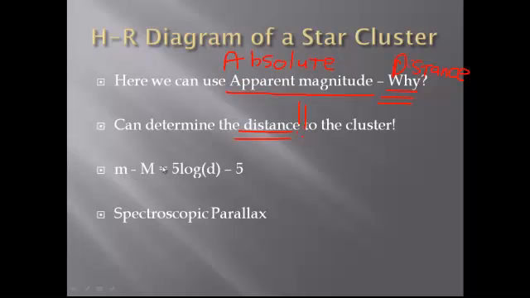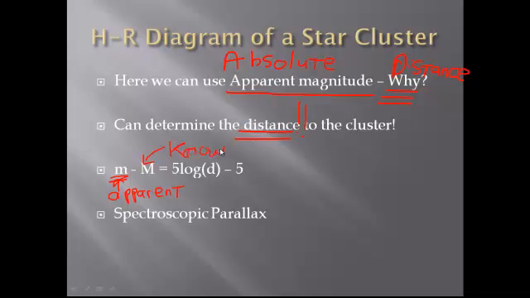So we can measure the magnitudes and we can determine the distance. If we can get, say, the apparent magnitude, which is small m in our equation here, we can measure that. And if we know the absolute magnitude, there's the key, we have to know this for those specific stars.